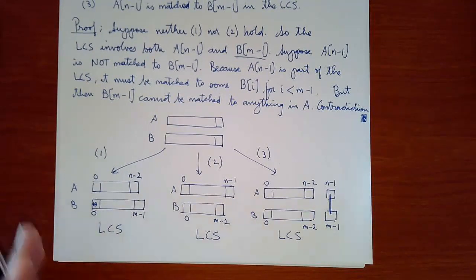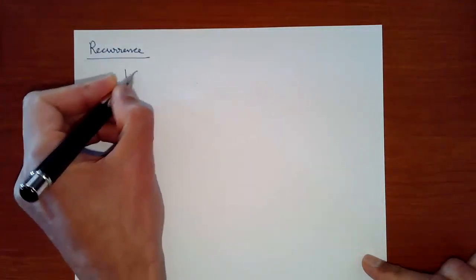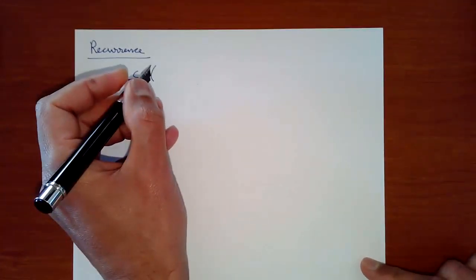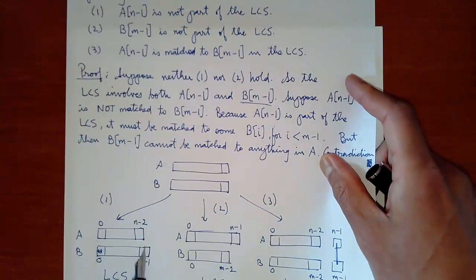But okay, so let's now write the recurrence here, which is LCS. I'm just going to index by the last character, because A and B are fixed, and I'm only changing the last position.